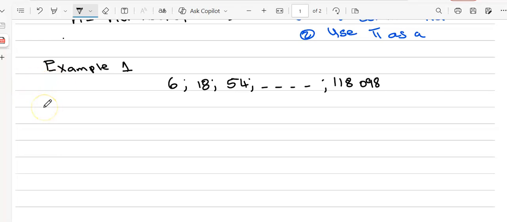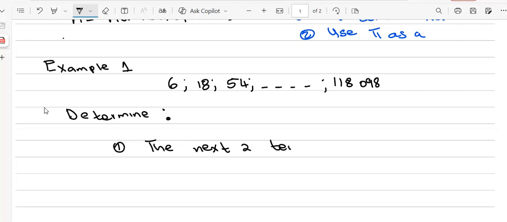We're going to answer the following questions. First question, we're going to use this sequence to determine the following. Number 1, let's find the next two terms.